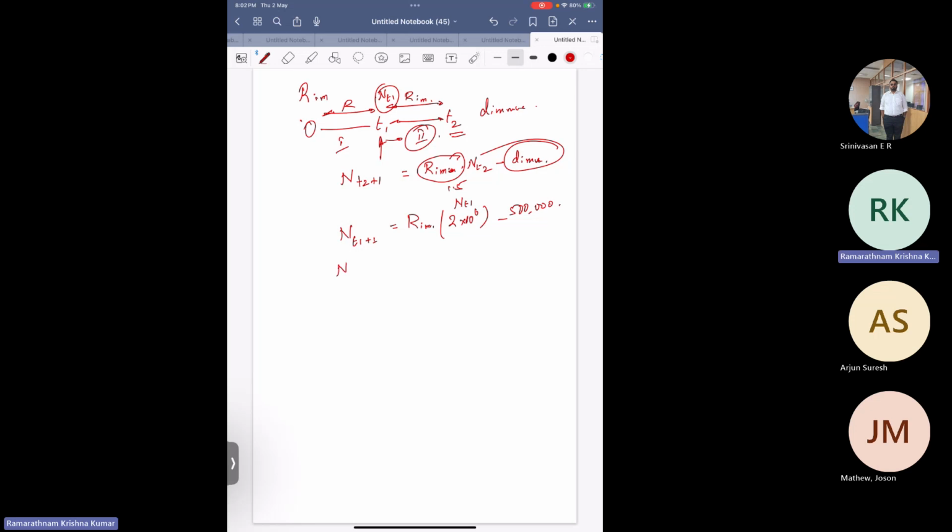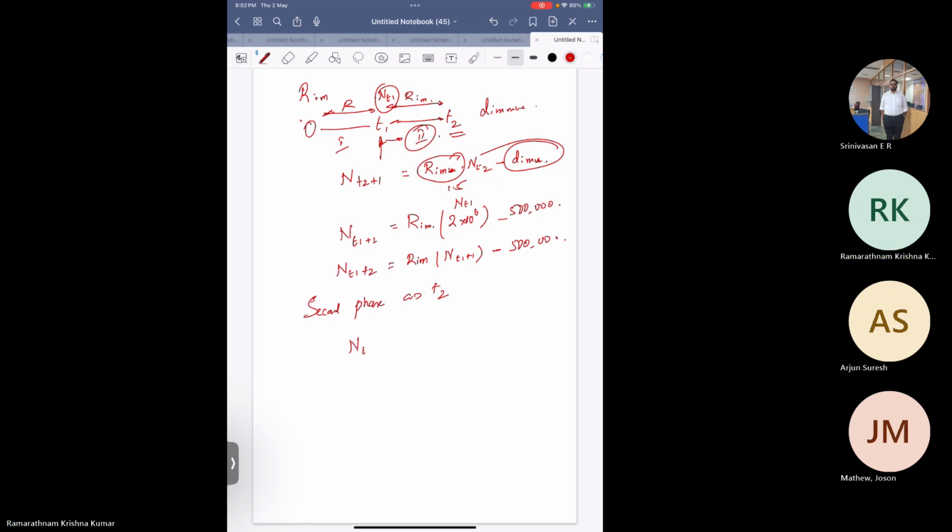Then N at T1 plus 2 is the same thing: R immune multiplied by N at T1 plus 1, minus 500,000. This is how it goes. Let me call the second phase the T2 phase.